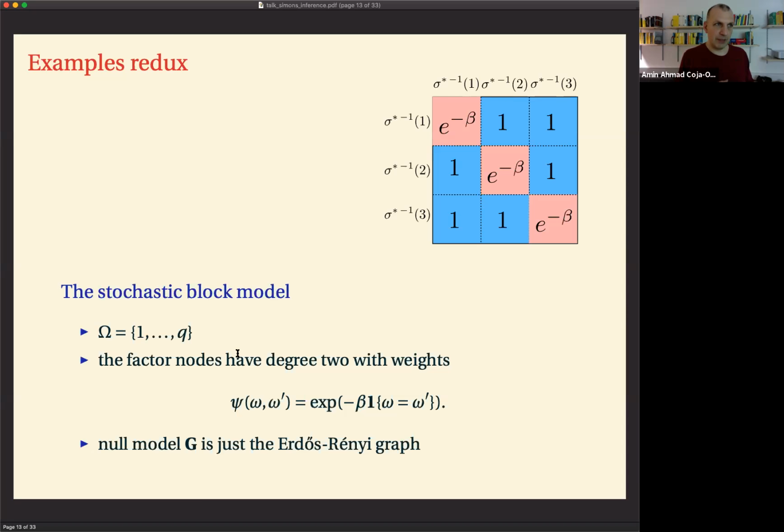I've got Q colors at my disposal, and I have a single weight function which takes as input 2 colors and says the weight is e to the minus beta if the colors are the same, and 1 if they are distinct. And the null model in this case would just be the Erdős-Rényi random graph. So if you follow the dots that I outlined about this abstract factor graph model, and you just run this procedure, you will arrive at the stochastic block model.